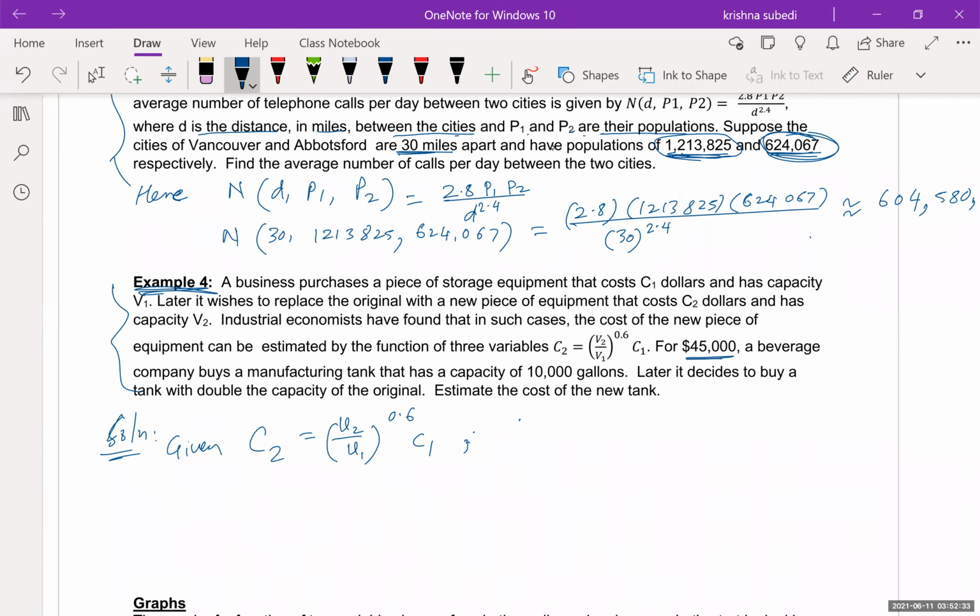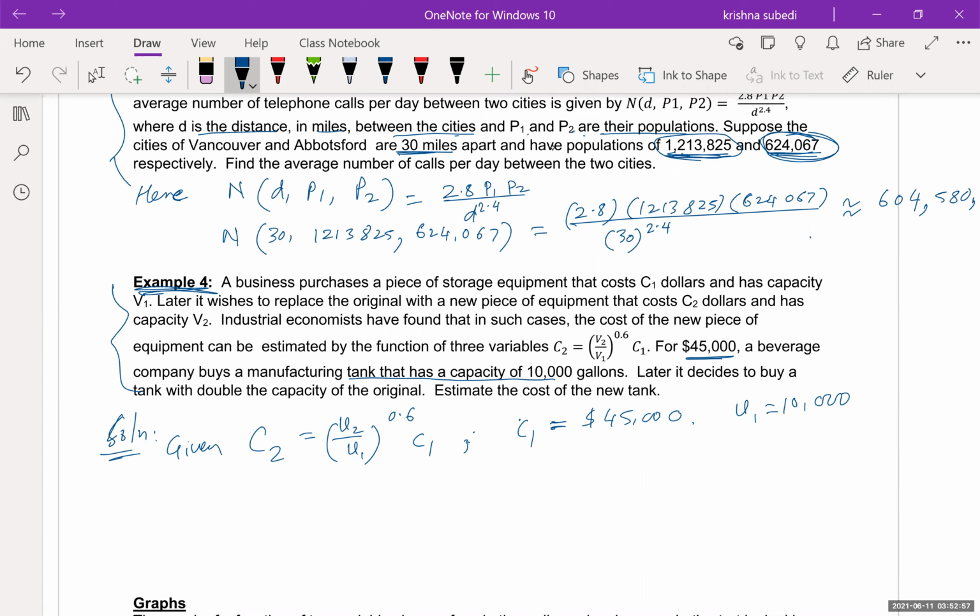So the first cost, let us denote that C1, is $45,000. And what else is given? The tank has a capacity of 10,000. So initially the tank has a capacity of 10,000.